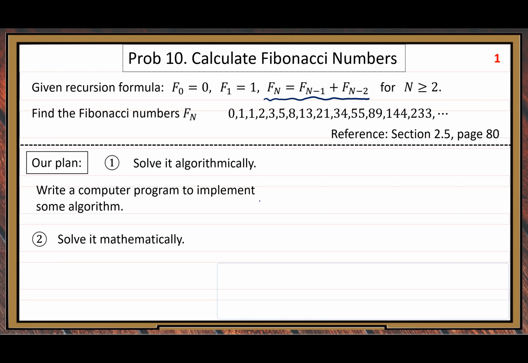Because if we can find a math formula, then using the math formula is usually much faster. Otherwise we have to implement it using some computer algorithm, and most of the time the algorithmic way won't be as fast as the formula way.